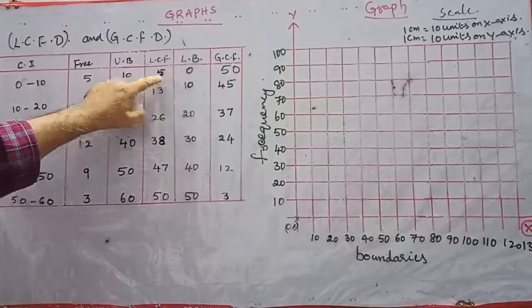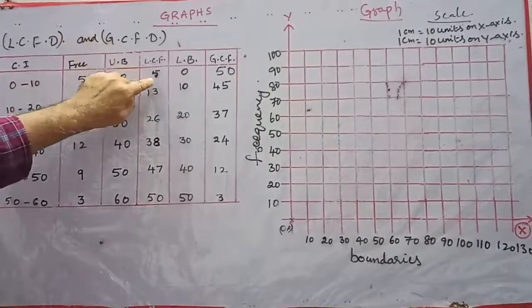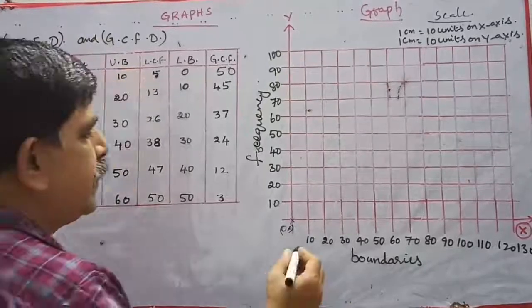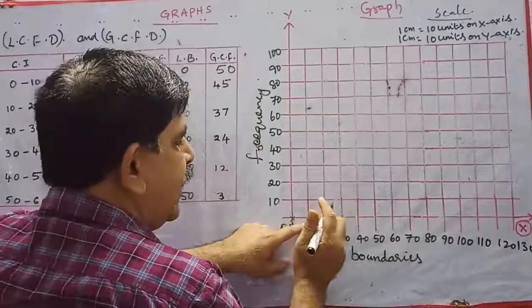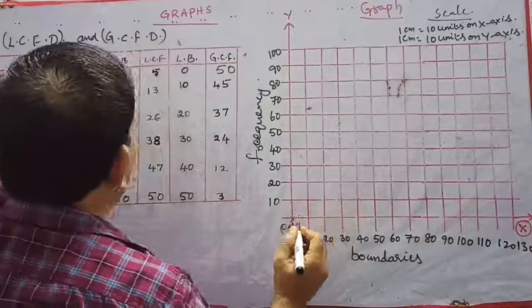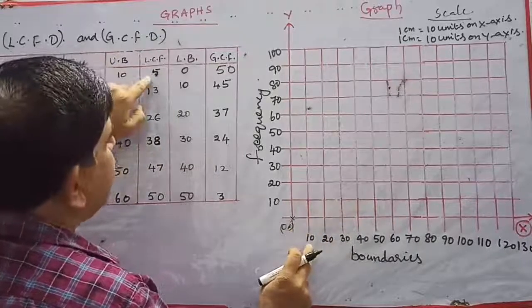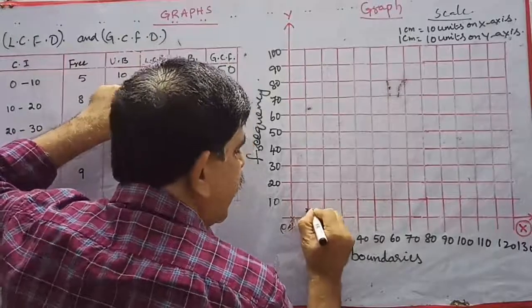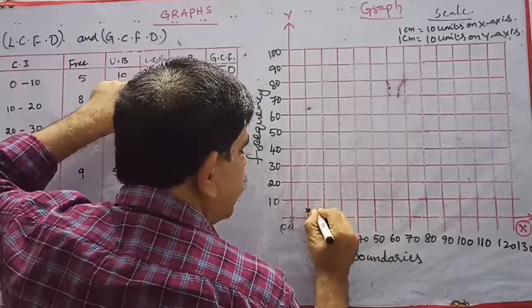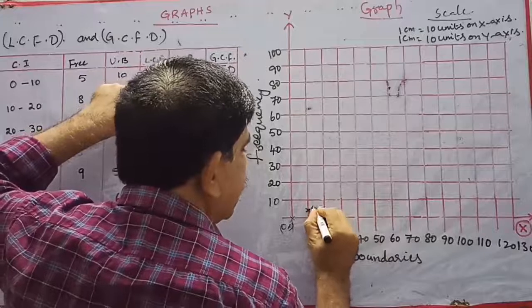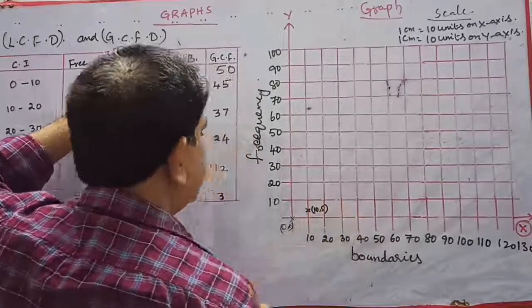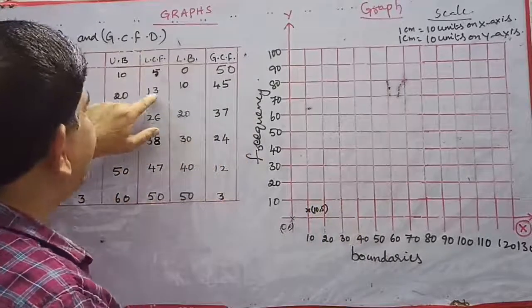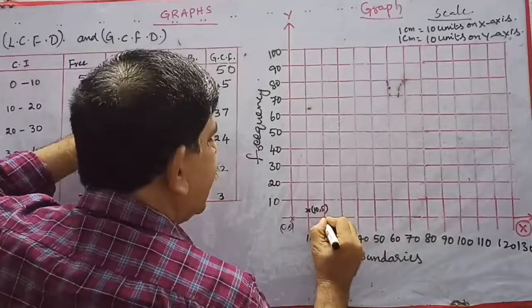Right? Now first one, upper boundary is 10 and its less than cumulative frequency is 5. So here we make the point 10, 5. Next one 20, 13.